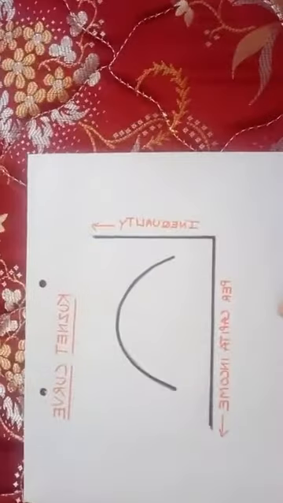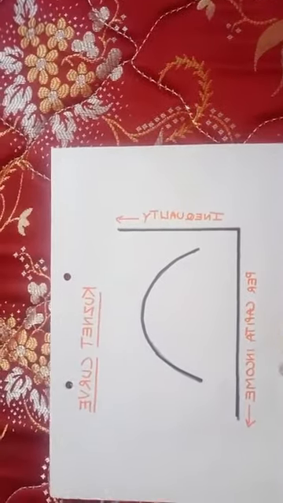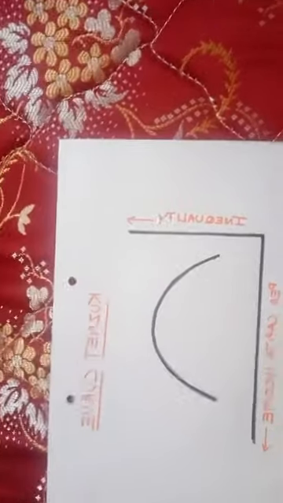To start, I will tell you what exactly the Kuznets curve is. So the Kuznets curve, as we can see, is an inverted U-shaped curve which tells that as the per capita income of a country increases, the inequality also tends to increase.